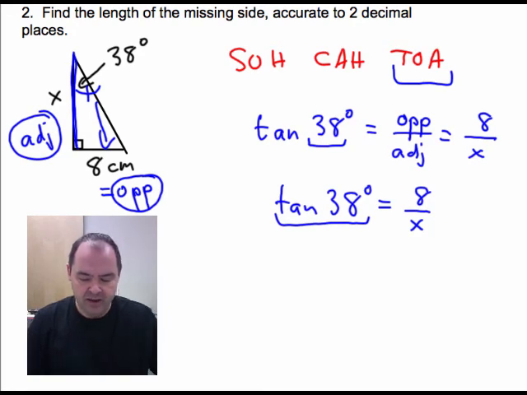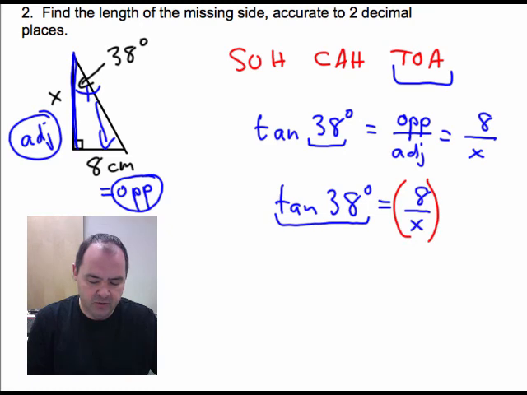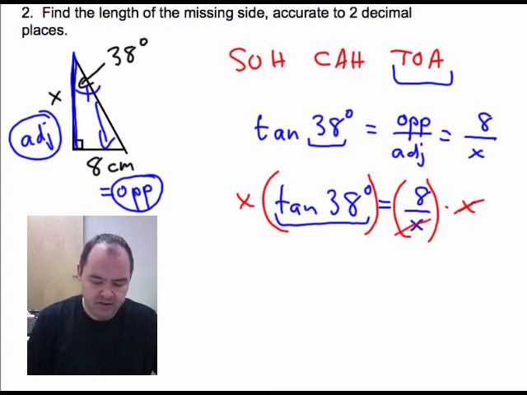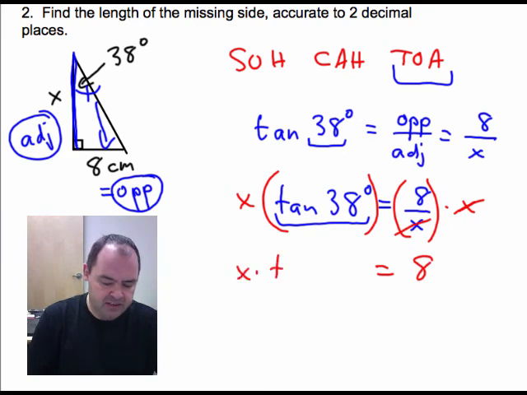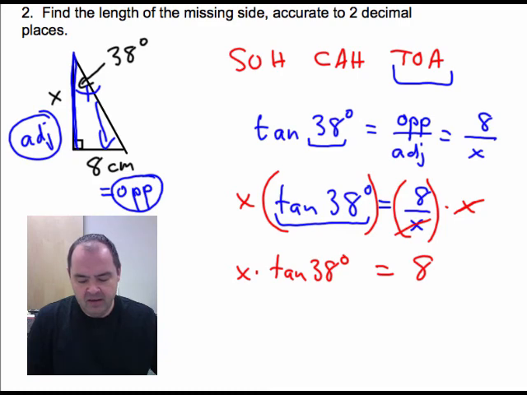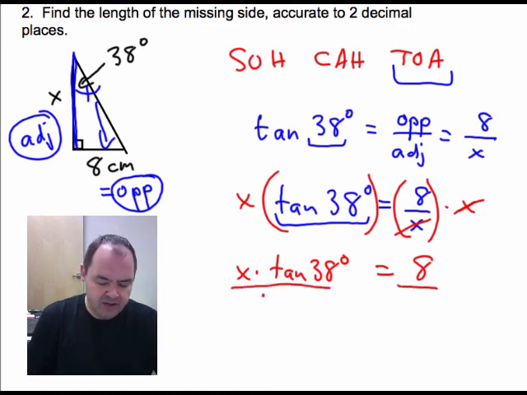So I want to solve my equation for x. I can multiply both sides of the equation by x, which will cross it off to the bottom. Let's cross reduce. And so 8 is equal to x multiplied by tangent 38. To get x by itself, we can divide both sides by tangent 38.